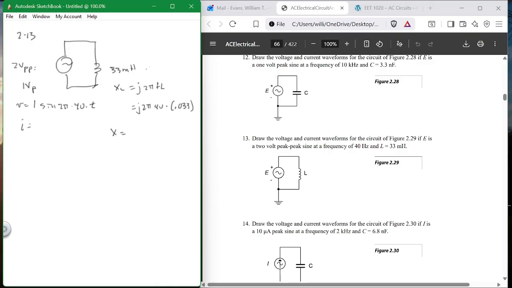X sub L. 2 times pi times 40 times 0.033 equals, having troubles today. My eyes are not focusing well. 2 times pi times 40 times 0.033 equals 66 over 25 pi. I got to go back.